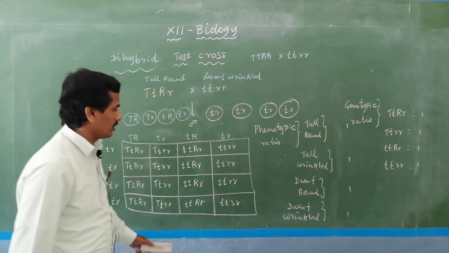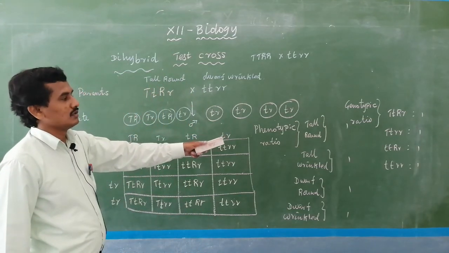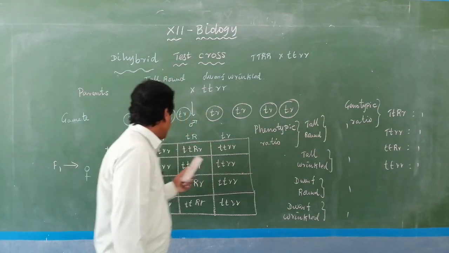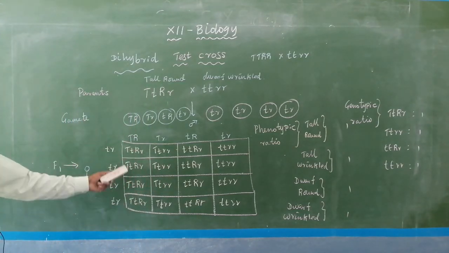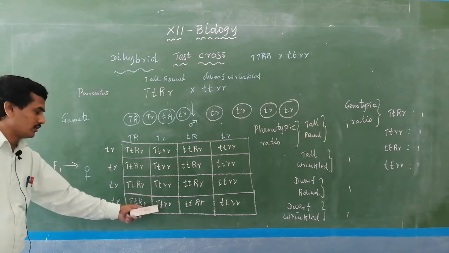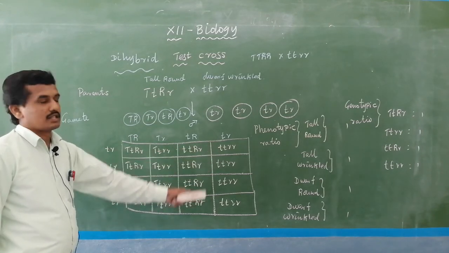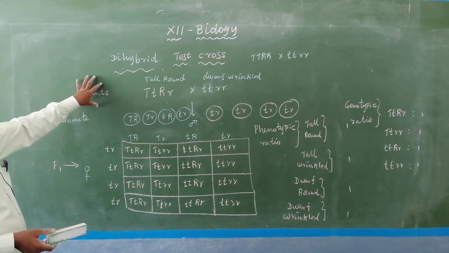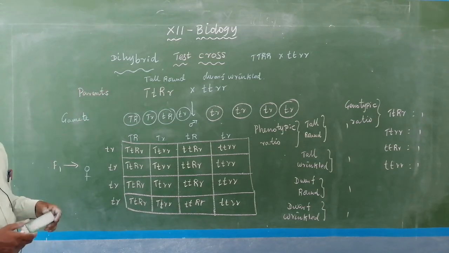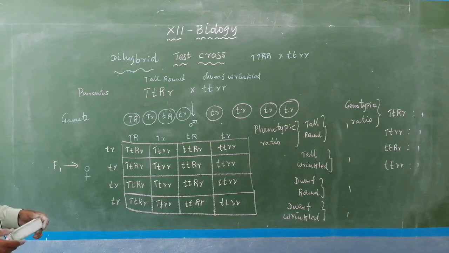So phenotypically this is tall round, and genotypically, gene-wise, four plants are produced similar, another four similar, another four and another four similar. So for your board exam, work out a test cross and show the genotypic and phenotypic ratio.